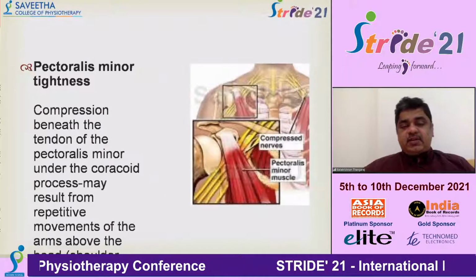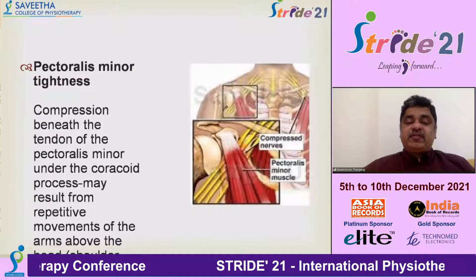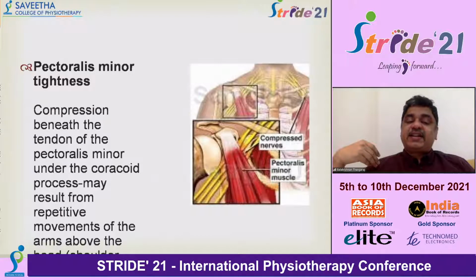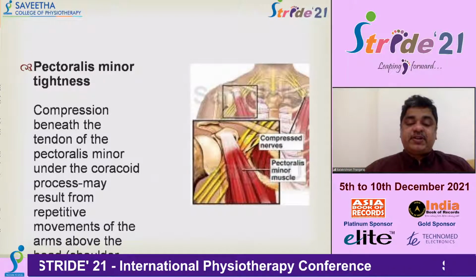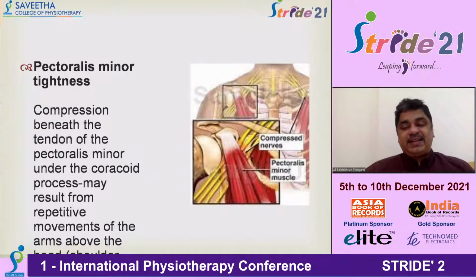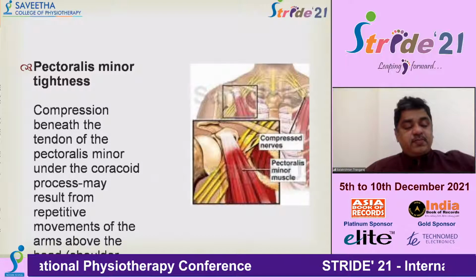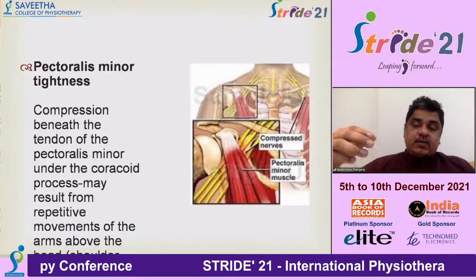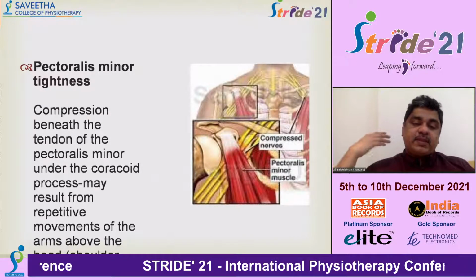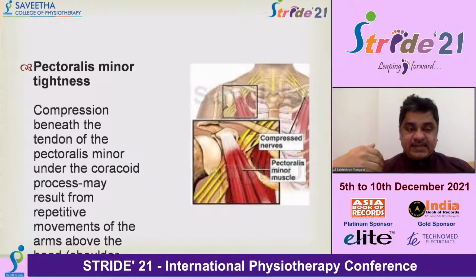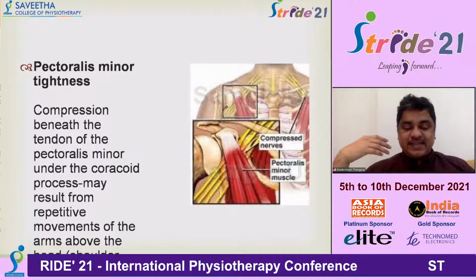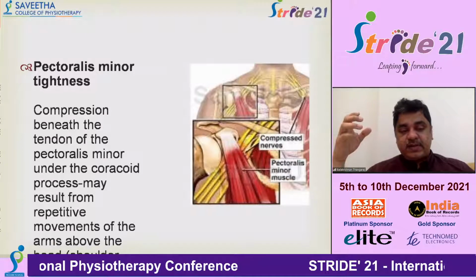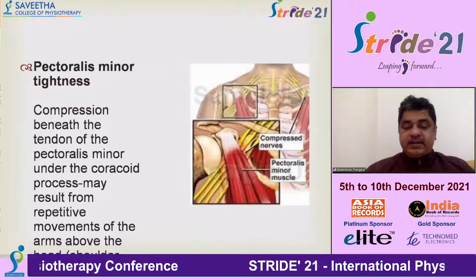Another one is compression beneath the tendon of the pectoralis minor under the coracoid process, which may result from repetitive movements of the arms above the head, like shoulder hyperabduction syndrome. I have gone in series from proximal to distal. These are the five to six areas where compression can happen to the neurovascular bundle. Next, please.